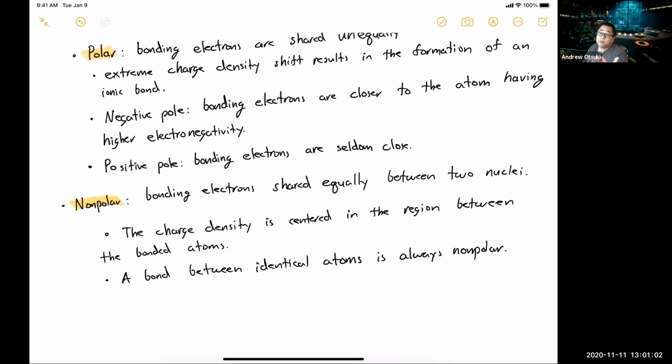So those examples are the same atoms. A bond between them will always be nonpolar because they have the same electronegativity. There's no preference for which one hogs the electrons.